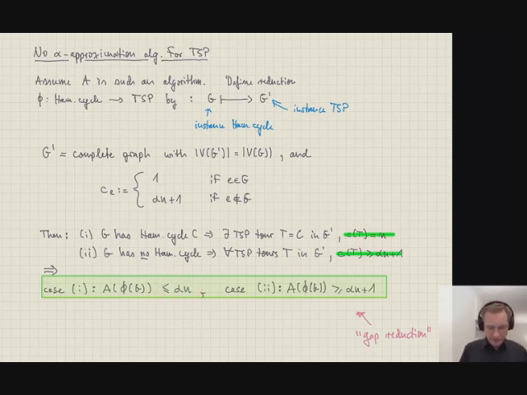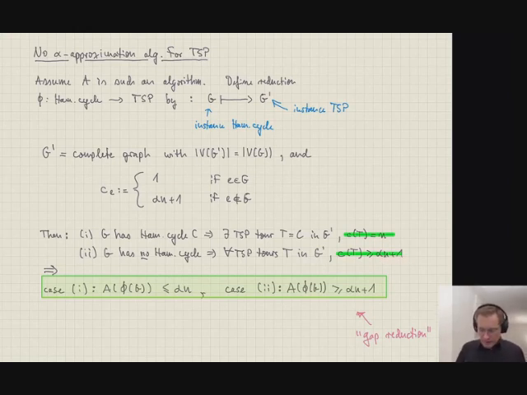G is the original graph, phi of G is the complete graph, the instance of the traveling salesman problem, and because there existed a Hamiltonian cycle in the original graph, the optimum solution is n, and hence the algorithm, being an approximation algorithm, returns a tour of at most alpha n. In the other case, since all the tours have total cost at least that, our algorithm cannot compute anything better. So the cost of the tour that the algorithm returns will be at least alpha n plus 1, because it has to use at least one of those edges.